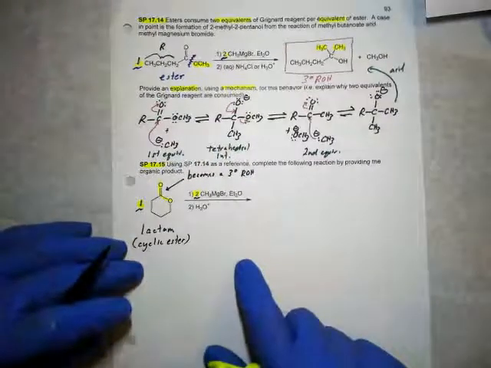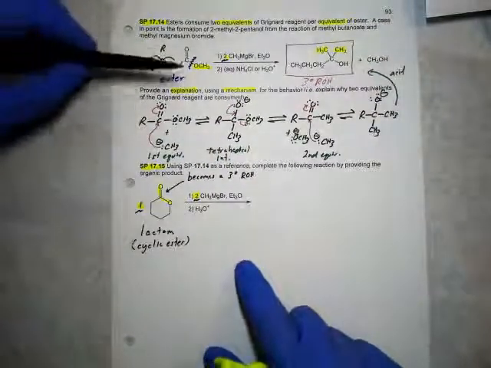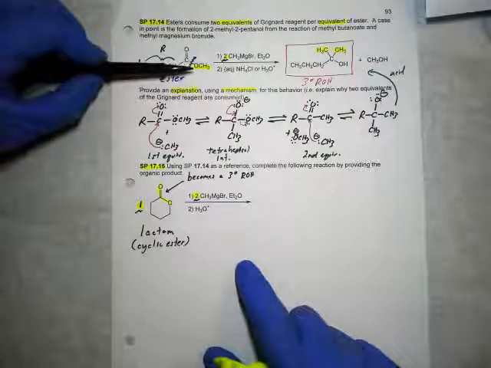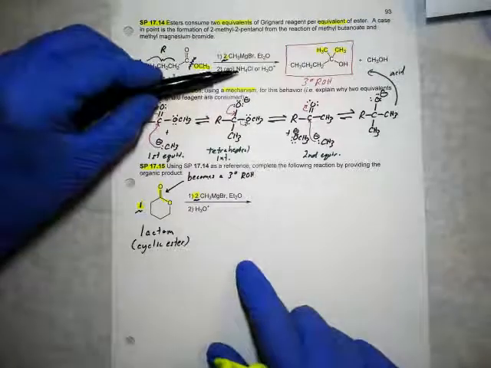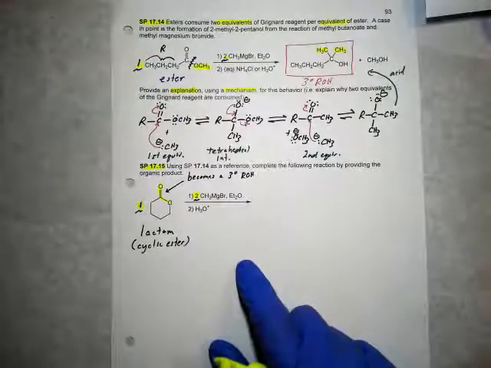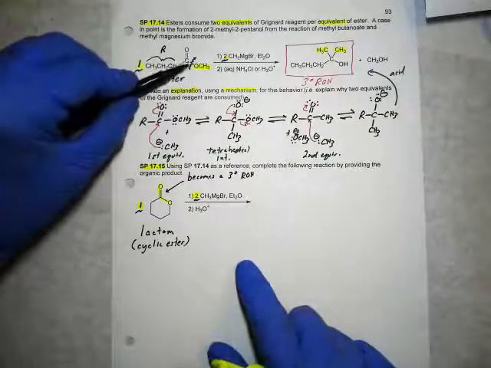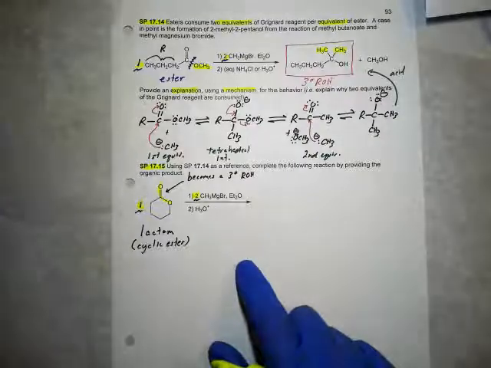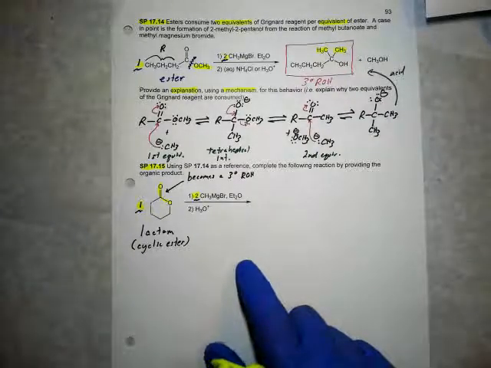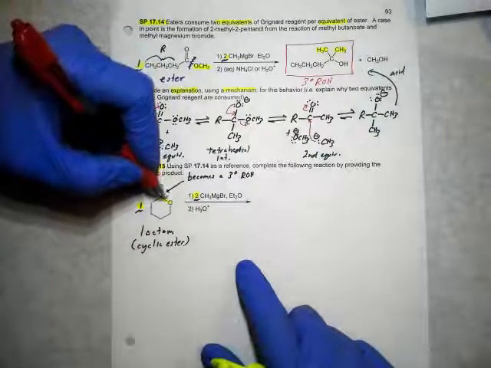Now let's go back up here briefly. Look at that one. What did that become? It became an alcohol as well, right? The byproduct, because it got quenched in acid just the same. So look at that oxygen. Doesn't it break away from the carbonyl carbon? Well, this one's going to break away as well. So why don't we just put a squiggly line to indicate that this is where it's going to break?